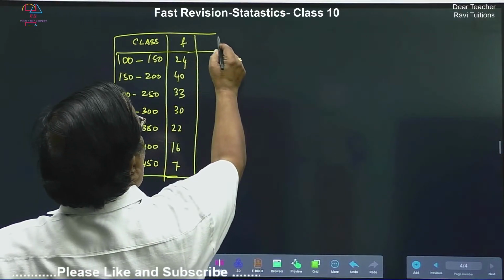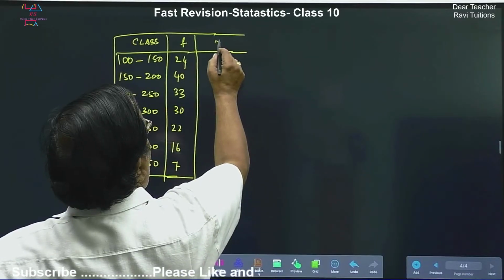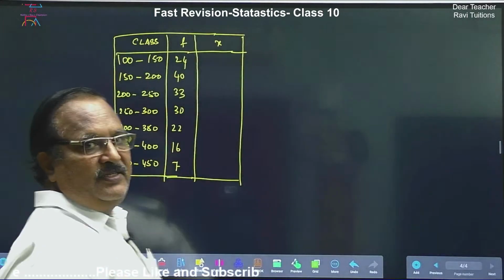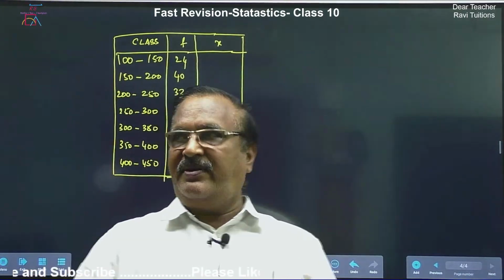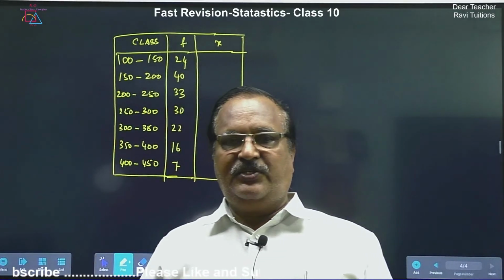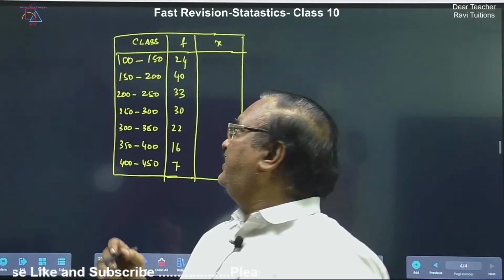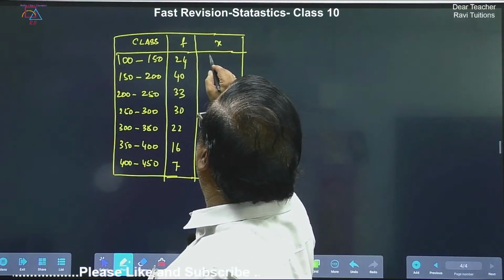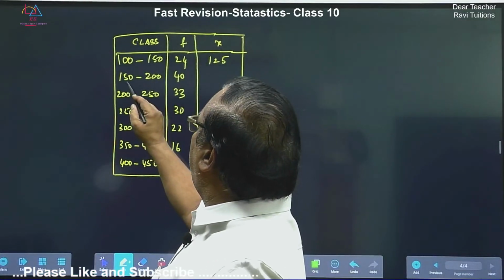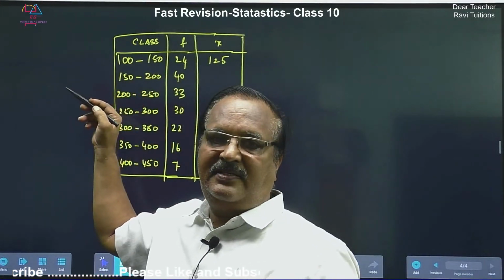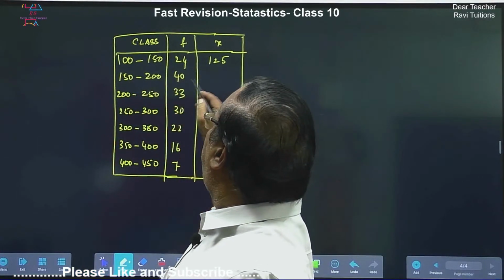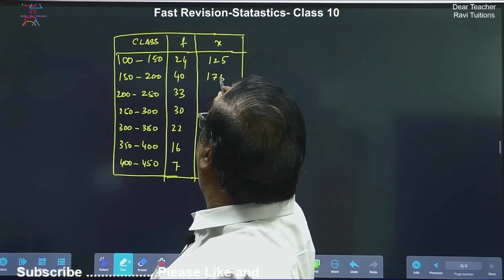Now let us write xi, that means the mid values of these. So xi is the average of the two limits, 100 and 150, so 250 by 2, 125. Now 50 is the size of the class. 150 plus 200, 350, so it is 175.